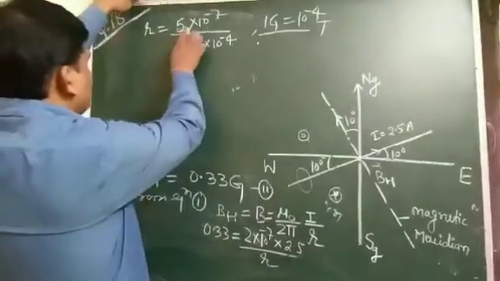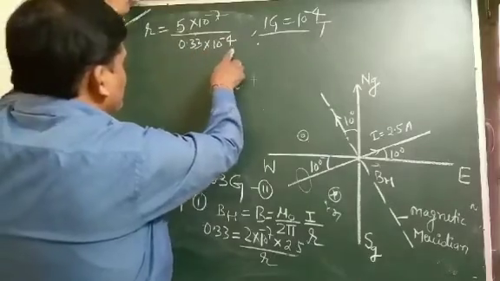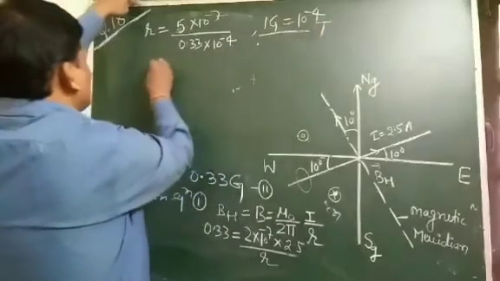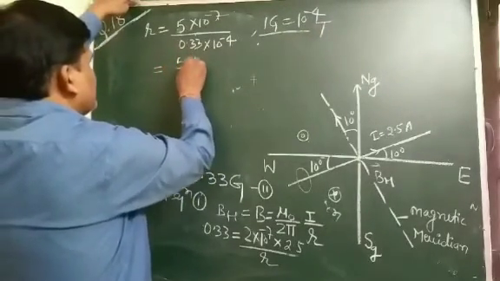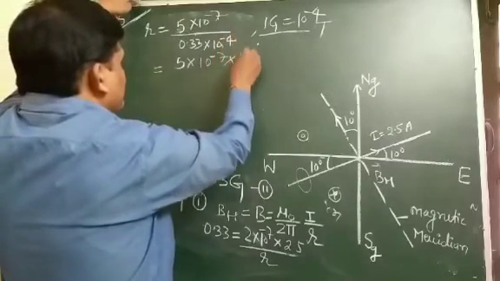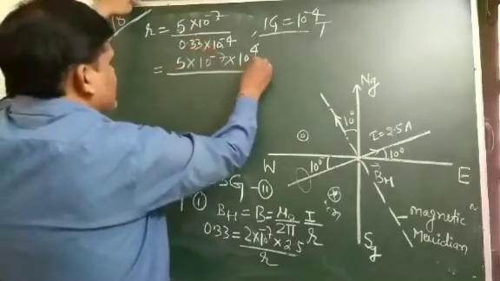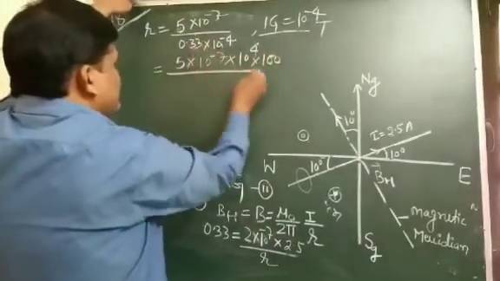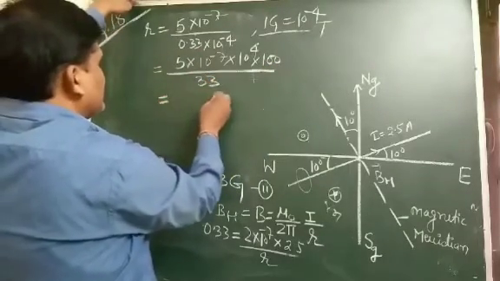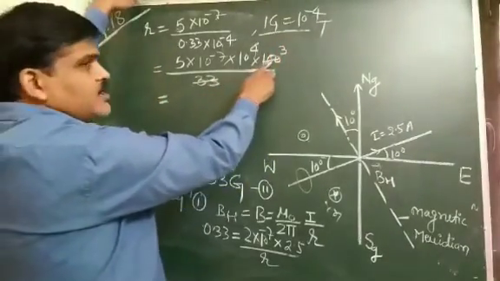So R equals 5 into 10 to the power minus 7 over 0.33 into 10 to the power minus 4, where 1 Gauss equals 10 to the power minus 4 T. And students, 0.33 changed to decimal form is 33.